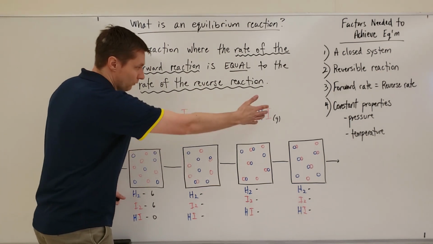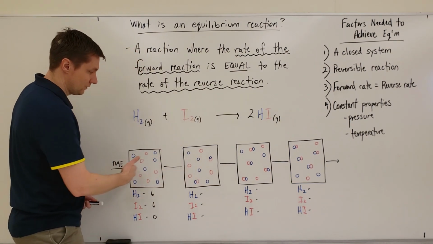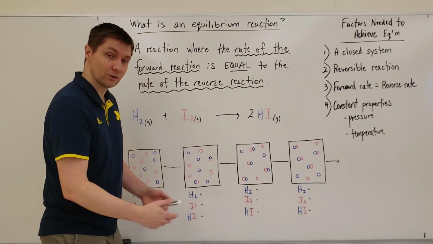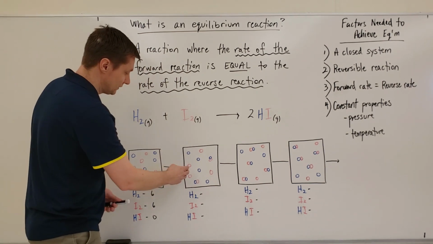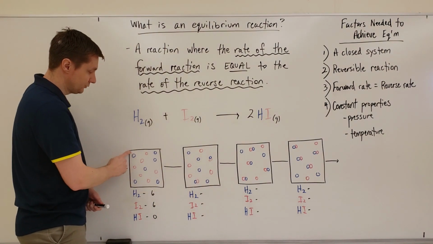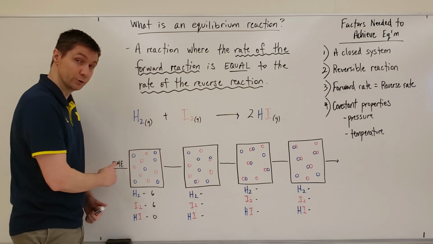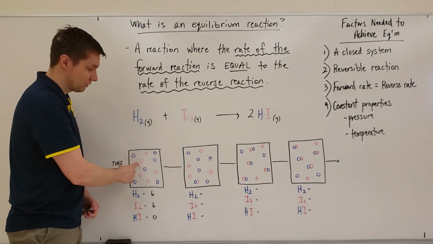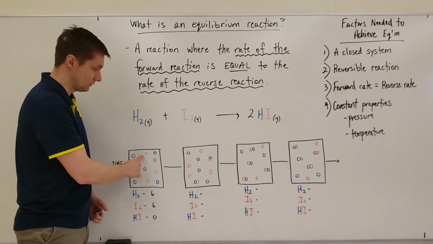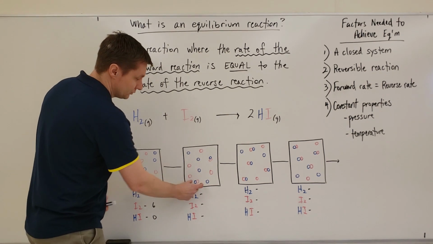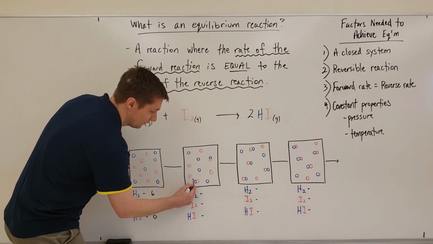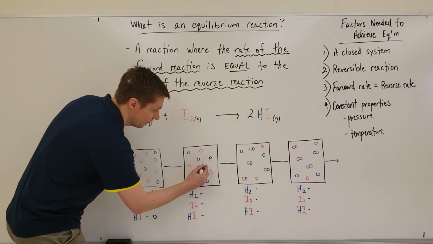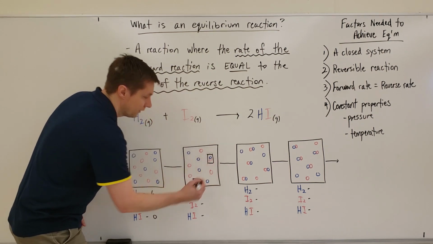And so this forward reaction will occur, and you can see after a fairly small period of time that some of the hydrogen molecules, these blue circles, have reacted with some of these iodine molecules, these red circles, to make a hydrogen iodide molecule. So right here and right here.